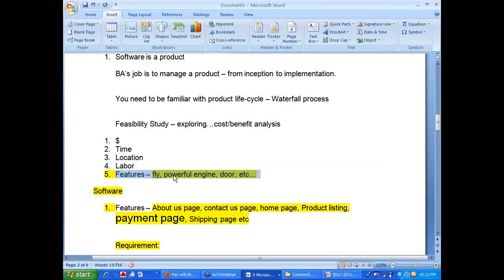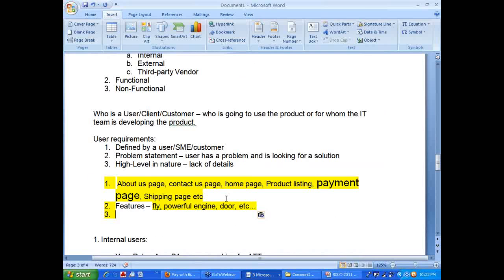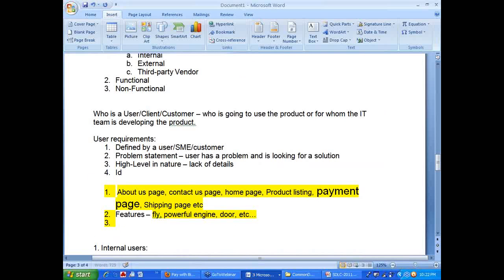The features of a flying car, initially when you have the idea, will be very high level in nature. So a user requirement is kind of an idea or a concept. When you want to build your home, it's the same thing. You'll say I need a 2300 square foot home, 5 bedroom, 4 bath, etc.